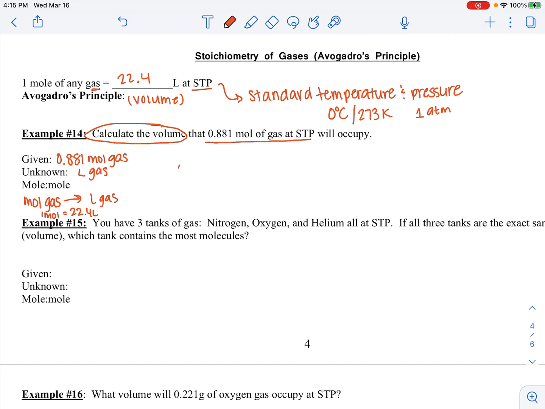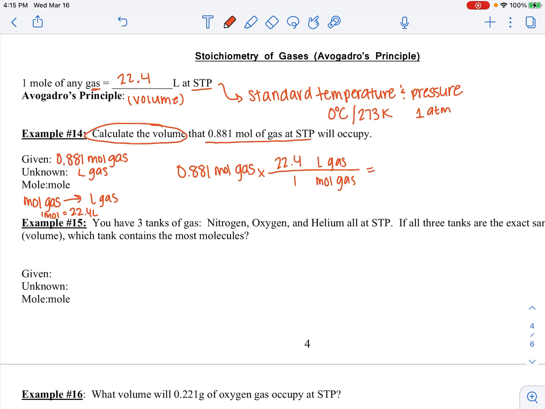So let's get started. 0.881 moles of gas is what we start with, and we are immediately going to drop that down to the bottom. Moles of gas on the bottom, and we're going to go to volume, so liters of gas on the top is what we are looking for. We just said 1 mole of gas equals 22.4 liters.